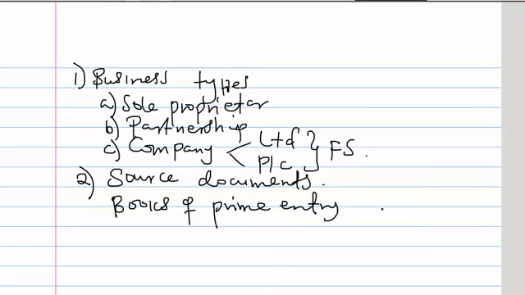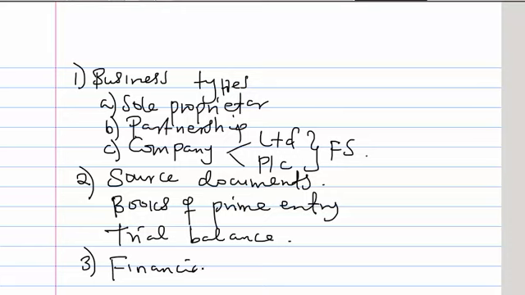It's information from these books of prime entry that's transferred into the ledgers, and then the information from the ledgers is transferred to a trial balance. Now, what we haven't covered by now is that you can then transfer this information to what are known as financial statements from the trial balance.